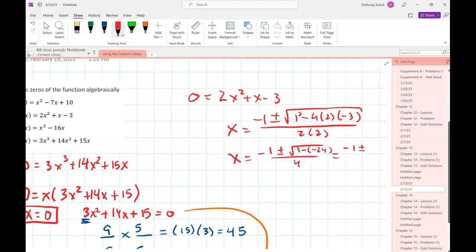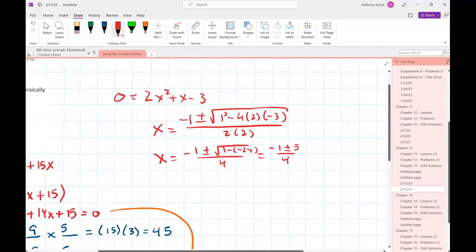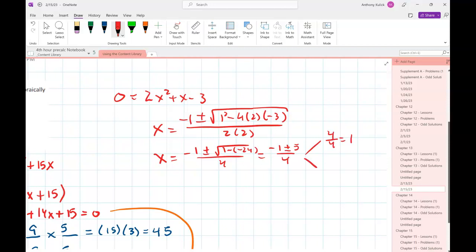So 1 minus a negative 24 is 25, square root of 25 is 5. So negative 1 plus 5 is 4 over 4, which is 1. And negative 1 minus 5 is negative 6 over 4, which is negative 3 over 2.